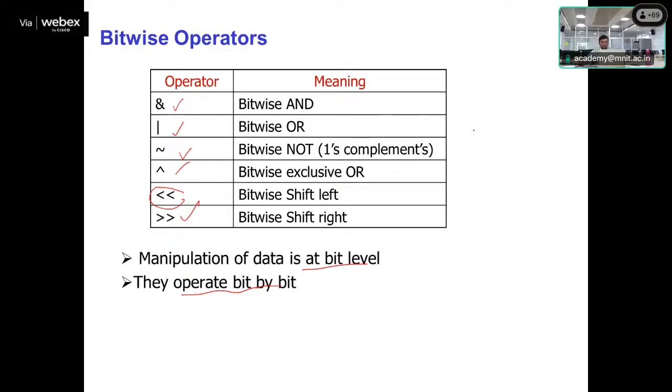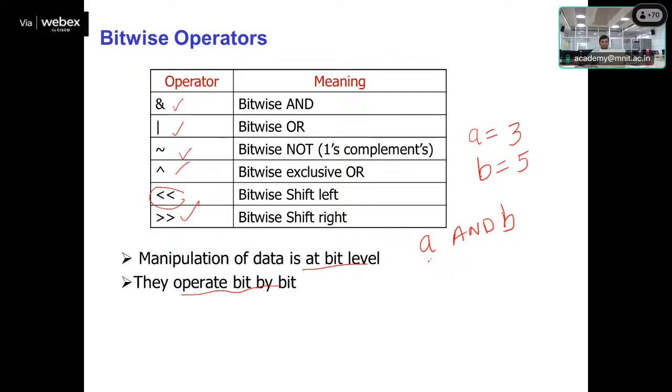For example, suppose we have a number A given as 3 and B given as 5. When we apply A and B, as I told you, it is a logical operator.